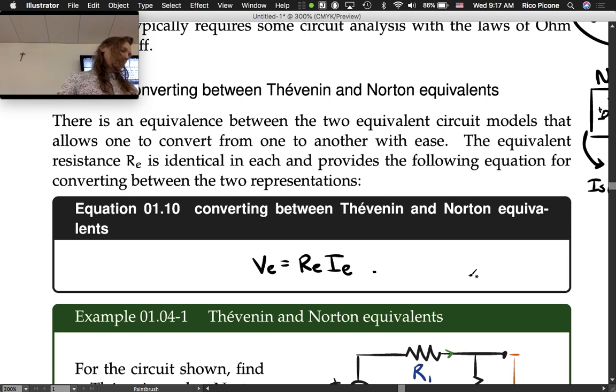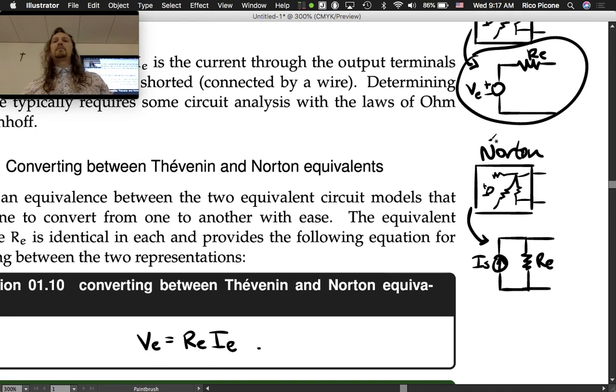That's our bridge between these two models. So you could have done a Thevenin equivalent model and convert to a Norton just using this equation. Or you could go the other way.